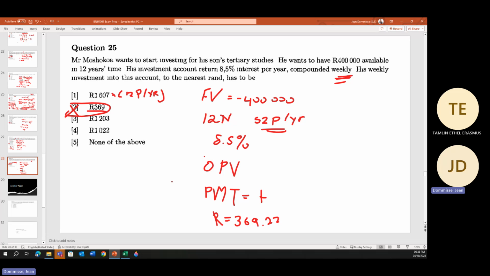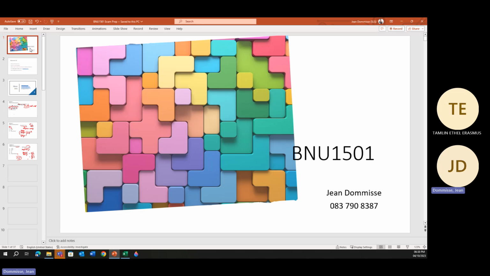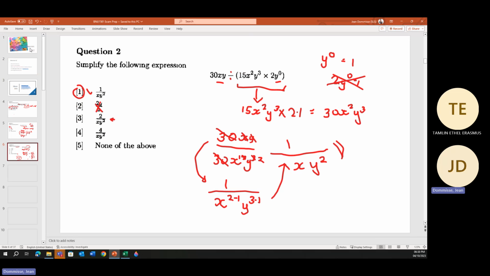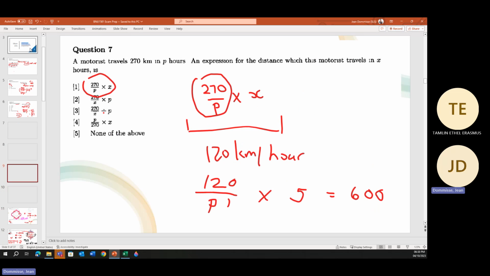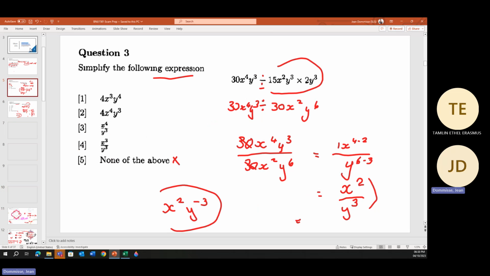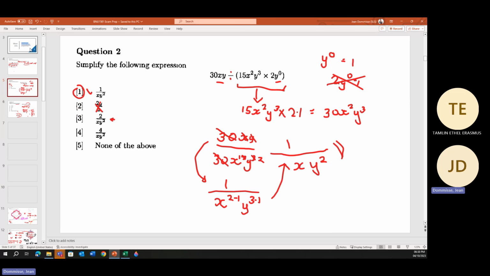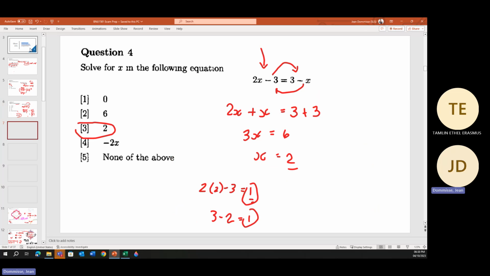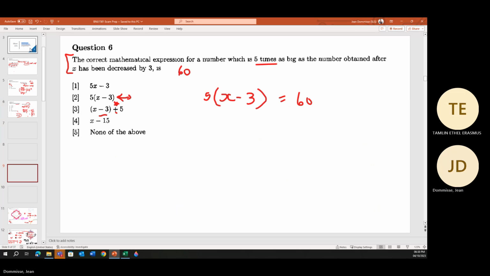Okay, so that was the last two sessions where we went through one of the exam papers that I had. You can see it was looking at expressions, simplification of expressions, looking at solving some equations.